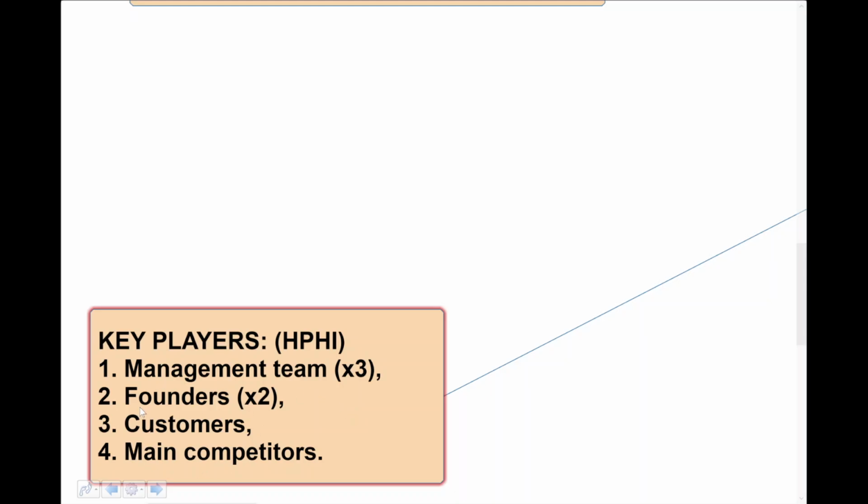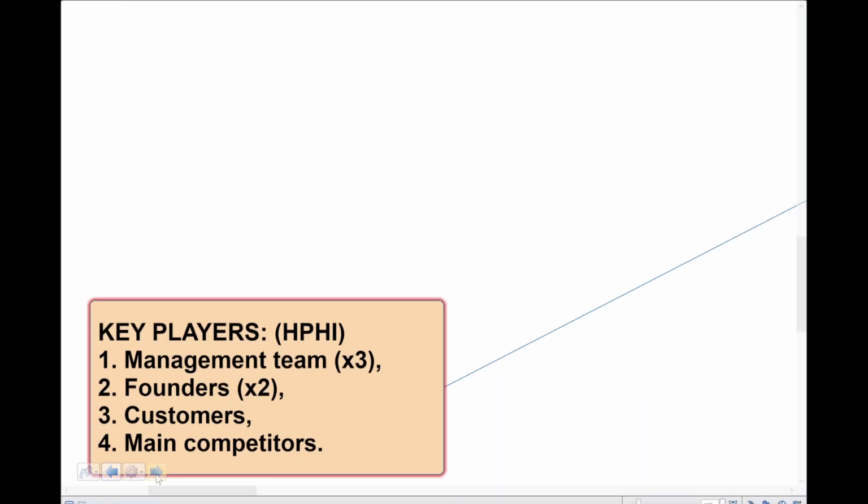We're talking specifically of private and obviously the big one, the corporates. The main competitors for me have high power and high interest too, for the reasons that those four probably act in a predatory way. Maybe that's part of the reason why they're up there. So that's the key players.